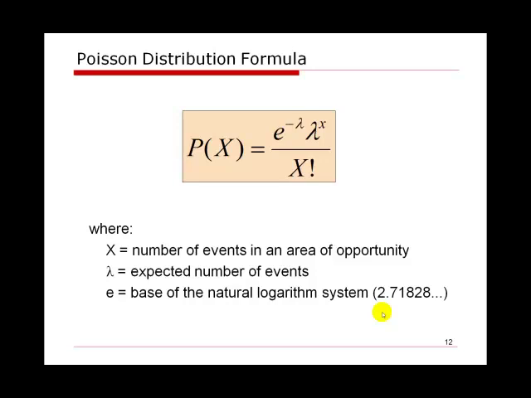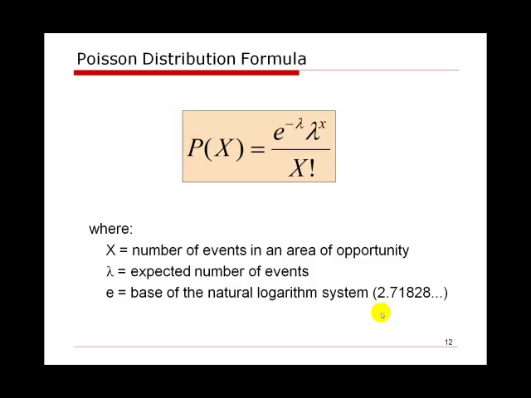Again, we have 3 parameters in this formula, but not like the binomial distribution. In the Poisson distribution, one of the parameters is actually a constant, which is e. e is the base of the natural logarithm system. It always equals 2.71828.